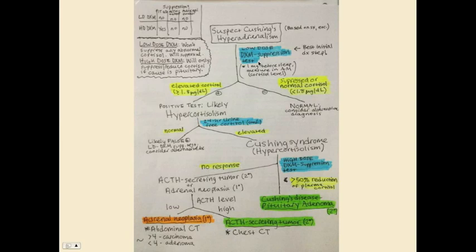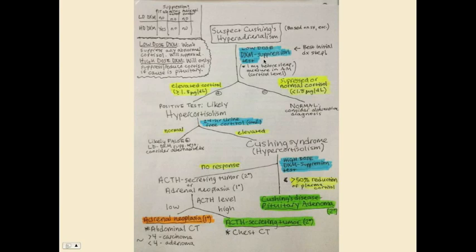However, the best initial test is the low-dose dexamethasone suppression test because it's an easier, faster test to do. And it's very reliable. If there's anything that makes you think that this patient may be at risk for false positives, which we have no reason to think so in this patient, then you can do a 24-hour urine-free cortisol, but you don't need to do that in this patient.